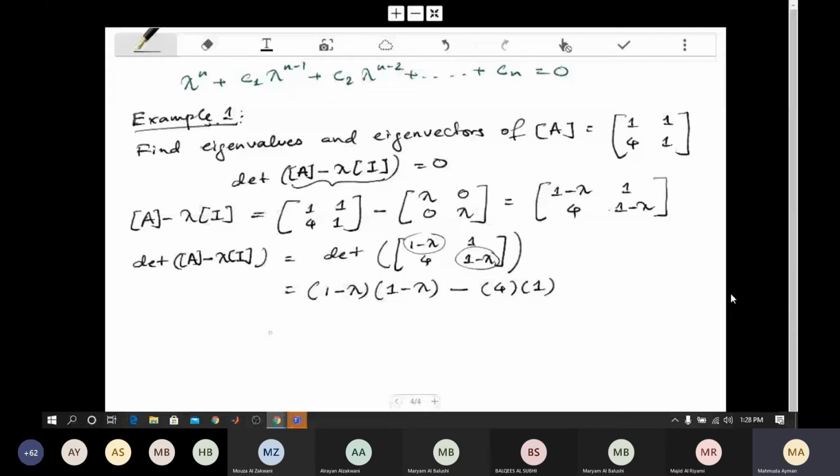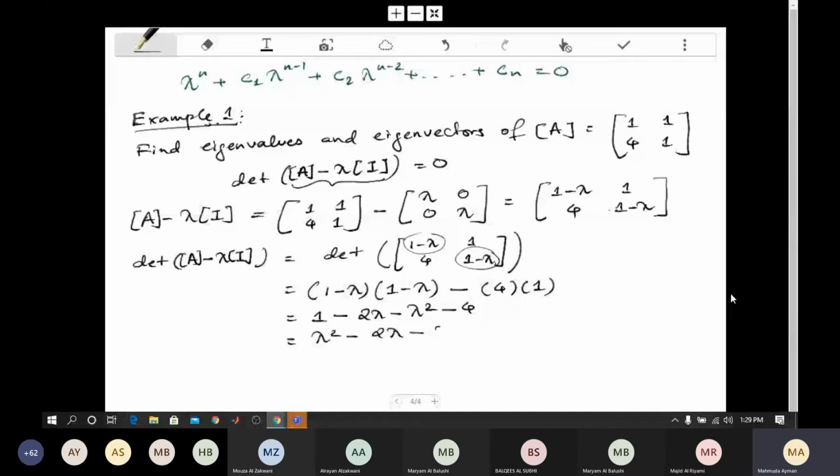Now we know that we have to equate this to 0, but let's finish solving it. If you FOIL it out, you will get 1 minus 2 times lambda plus lambda squared minus 4. So this is equal to lambda squared minus 2 times lambda minus 3.